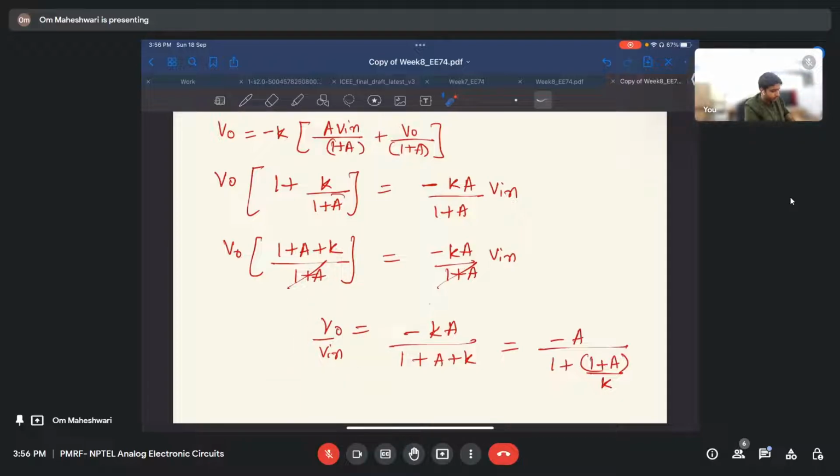And we want that gain of the circuit to be simply minus A, minus R2 by R1. If K was infinity, then K tends to infinity, gain tends to minus A. That is what we want. But K is not infinity now. K has some value. So instead of getting just minus A, we are getting this additional error term.